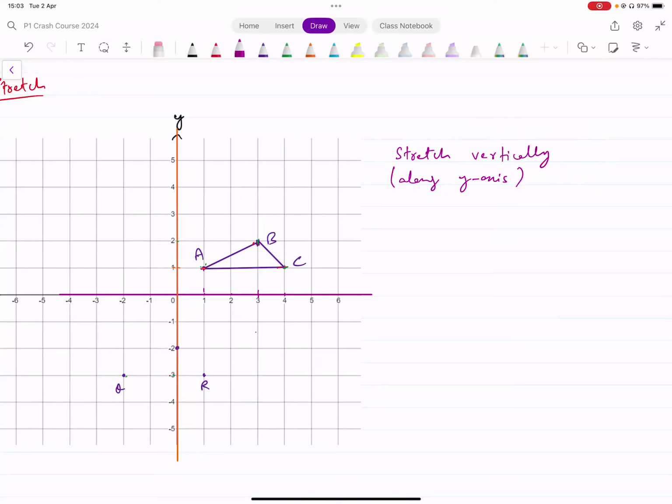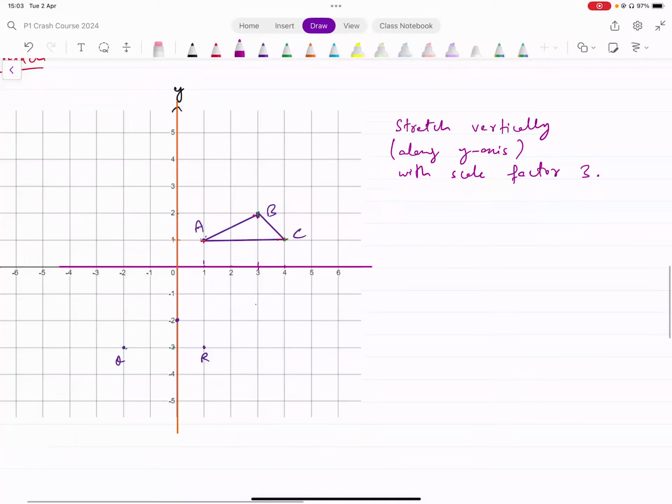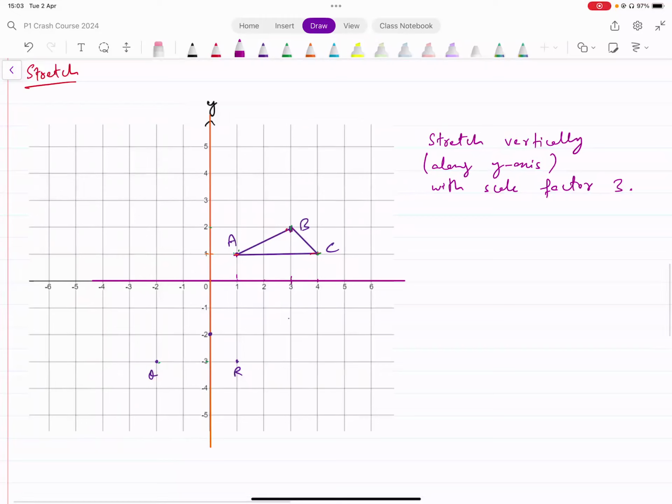Stretch vertically, that means along y-axis with scale factor, let's say 3. So earlier we did enlargement. Now we're saying, how do we stretch this diagram by a scale factor of 3 in the vertical direction?